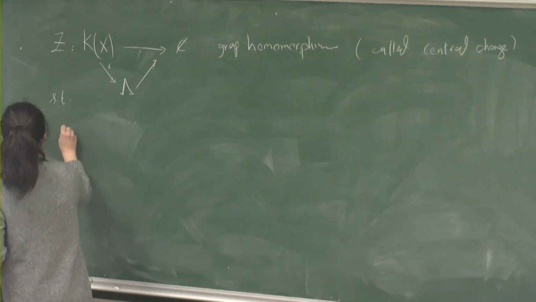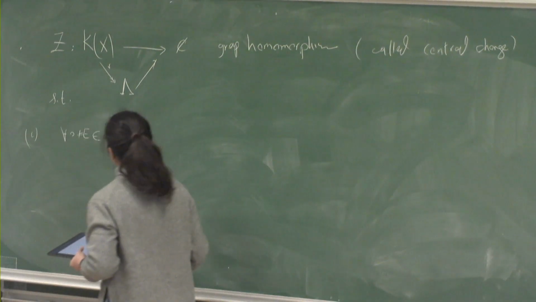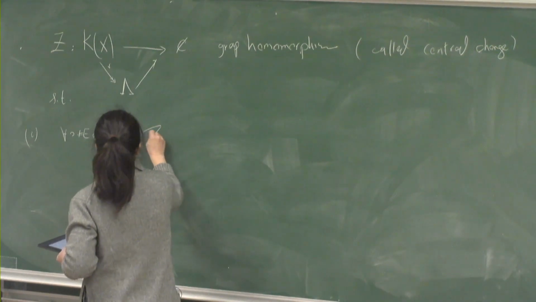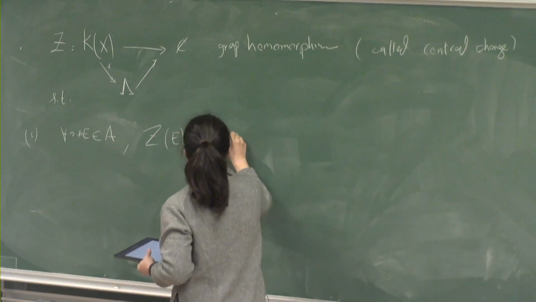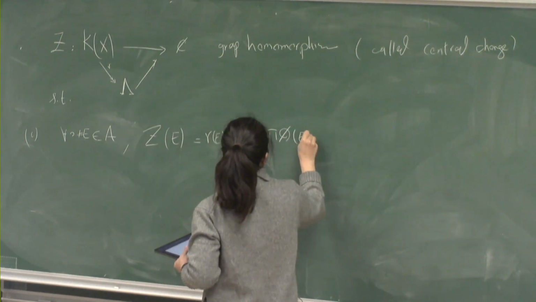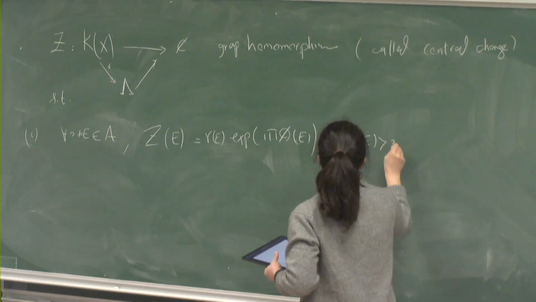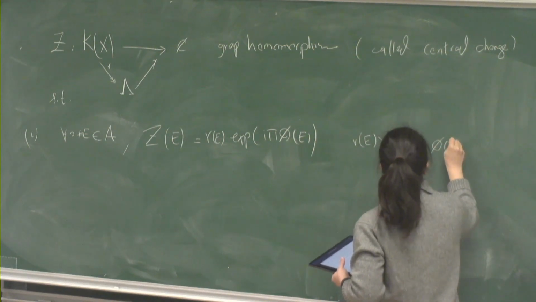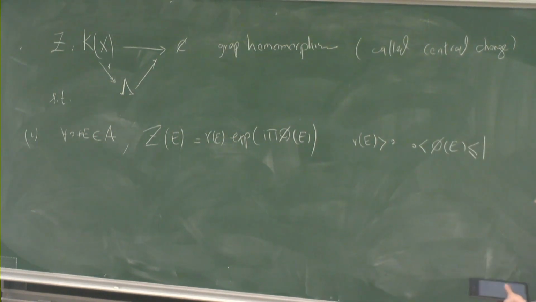So I want that for any non-trivial object E in this abelian category A, Z of E can be written as r(E) times exponential of i pi phi(E), where r(E) is positive and the phase phi(E) is between 0 and 1.